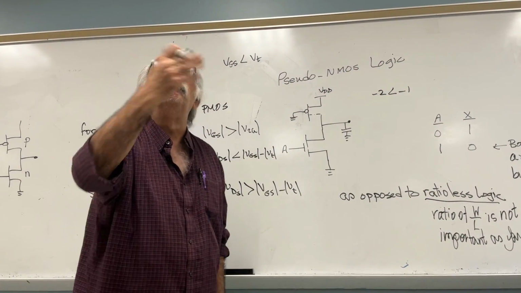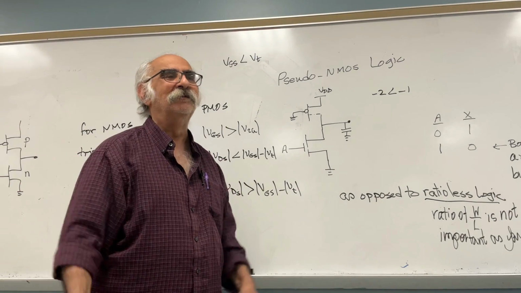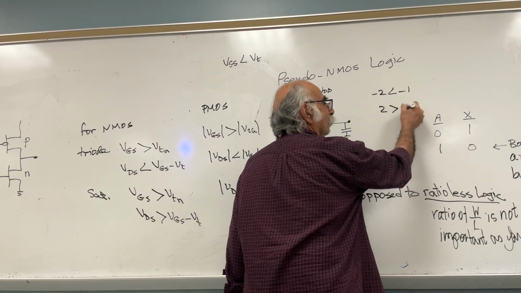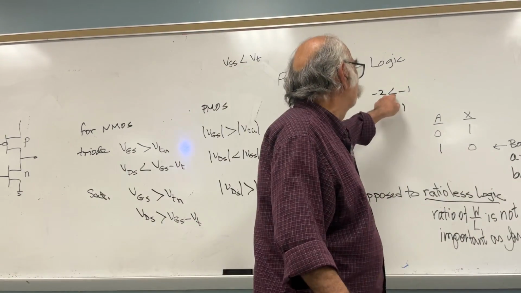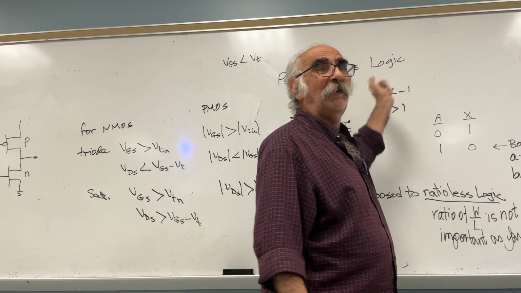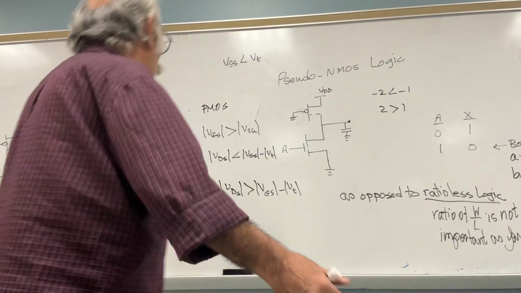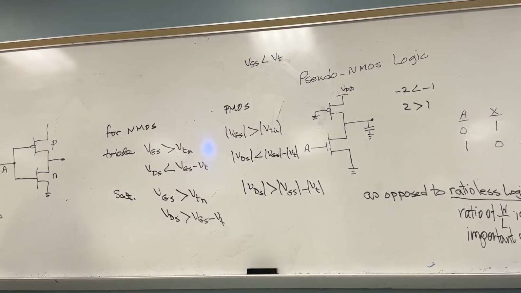If you multiply both sides by minus 1, you get 2. Why did this one flip? Because you multiply both sides by minus 1. So all the equations are the same, just use absolute value.